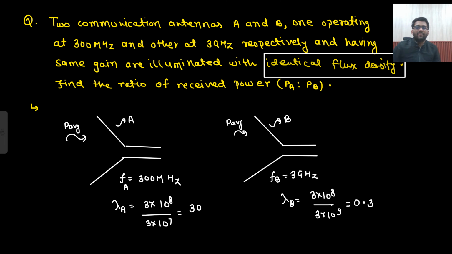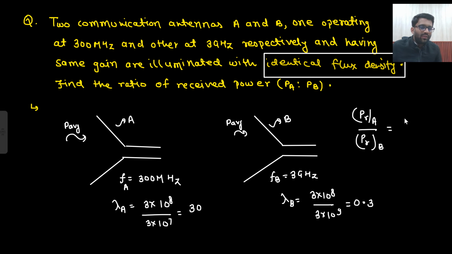What they are asking is the ratio of the received power: power received by A divided by power received by B. P average is the same, so P average and P average will get cancelled.